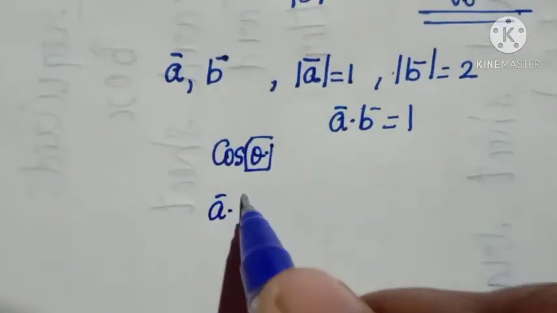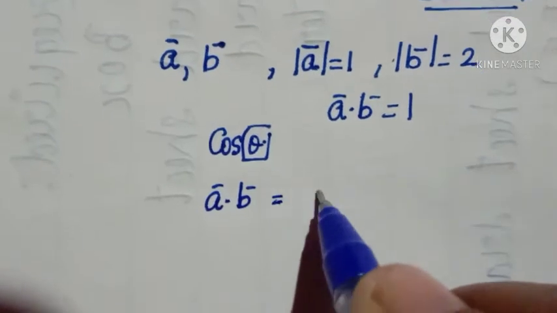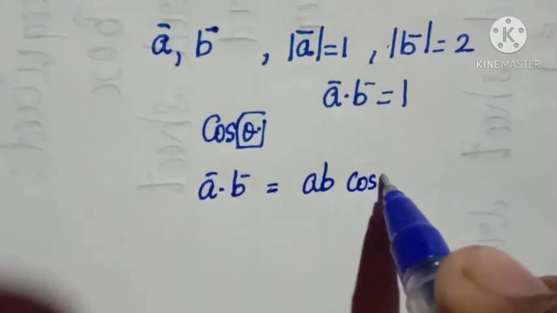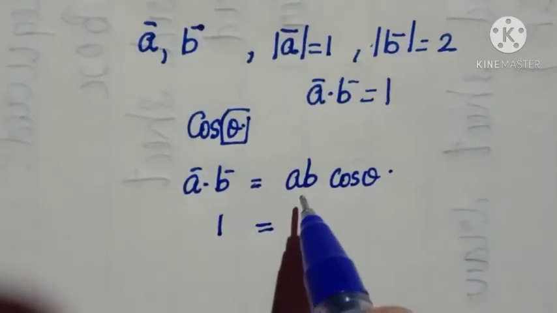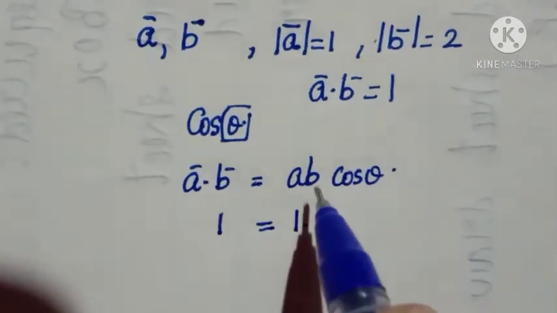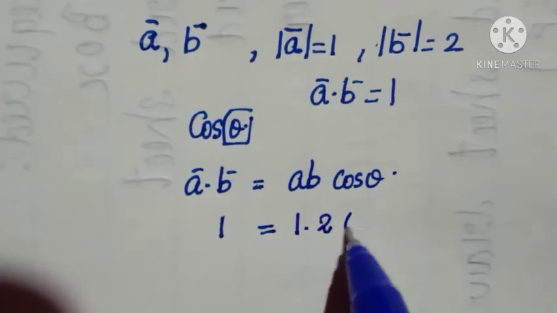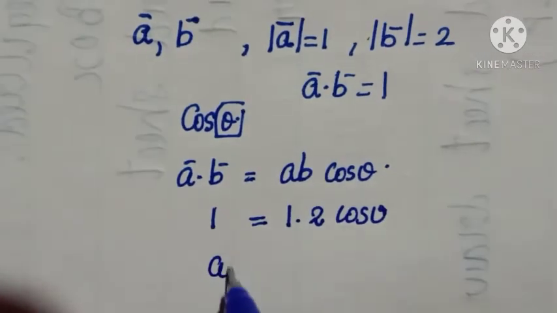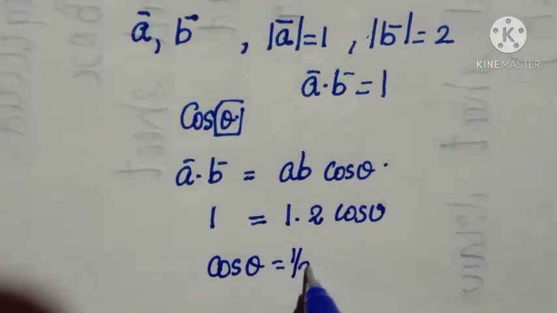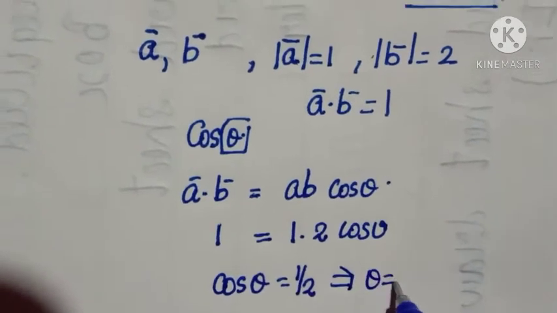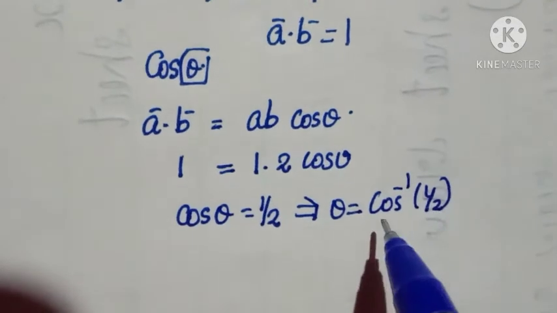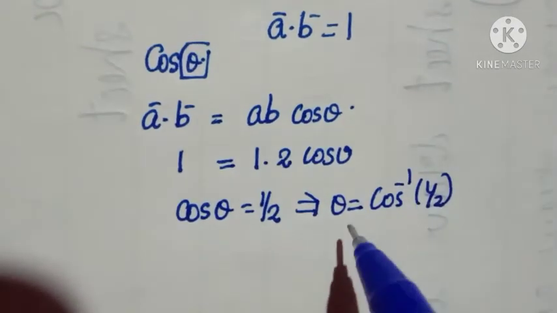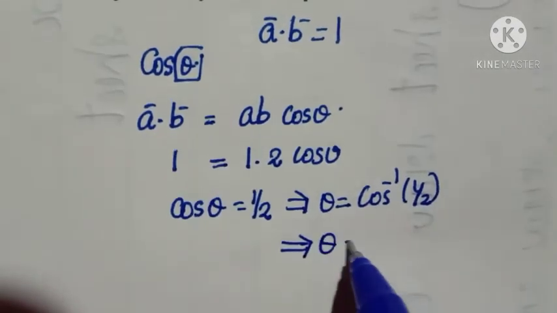So write the formula of the dot product: A dot B is AB cos theta. Now A dot B is given, the magnitude of vector A is given, and the magnitude of vector B is given. So cos theta is equal to 1 by 2, or theta is equal to cos inverse 1 by 2. See, if we know the correct angle or exact angle, we can directly write the value of theta.